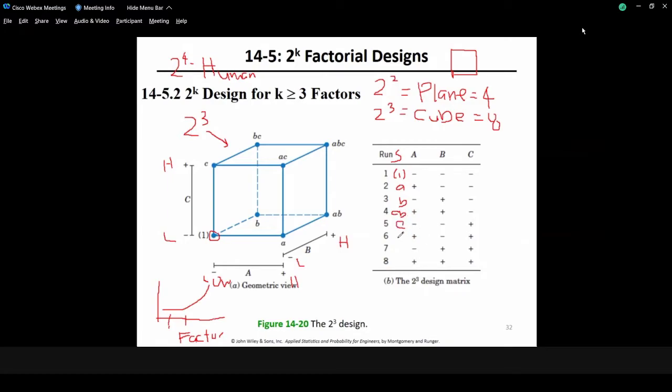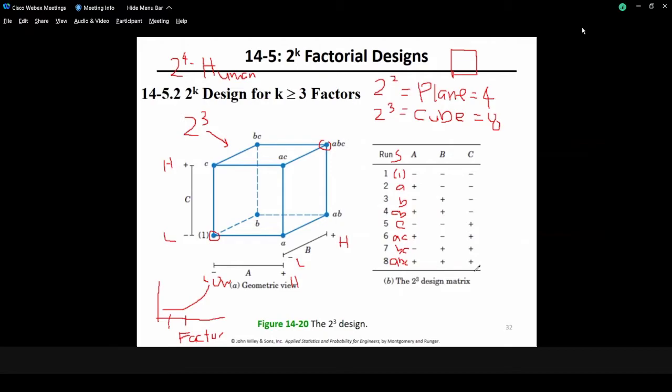Here should be BC. And finally, you have ABC. What does it mean? Factor A at high level, B at high level, and C at high level.